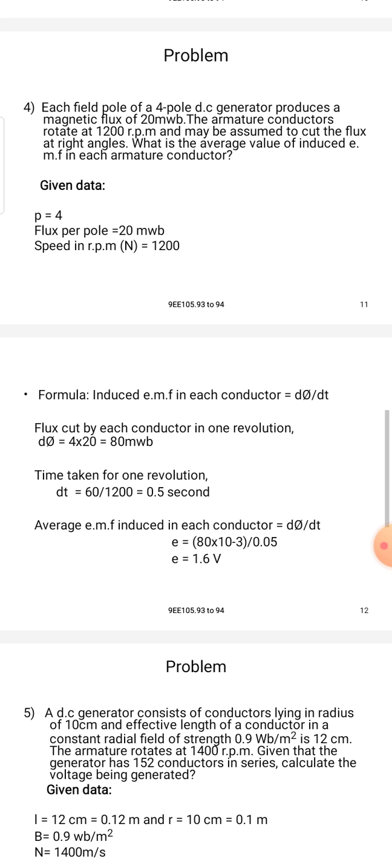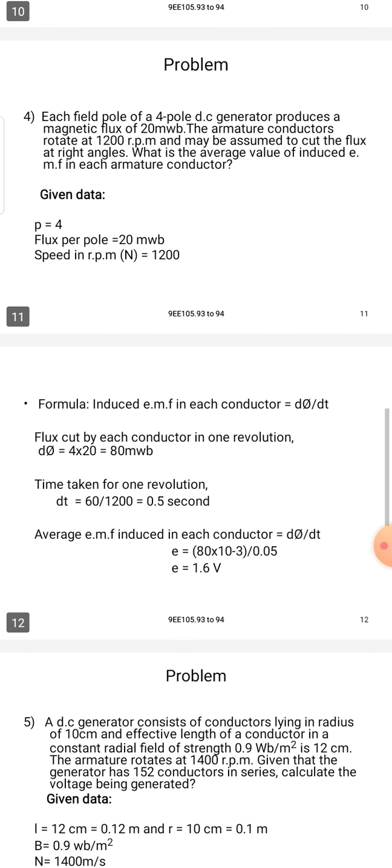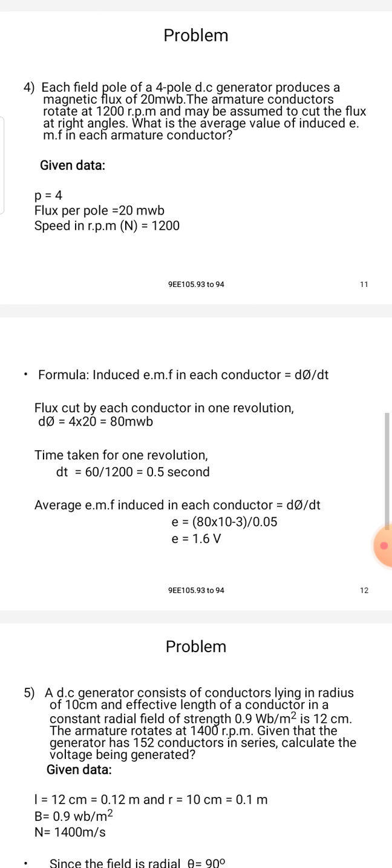Which induced EMF? Dynamically induced EMF in the armature. The dynamically induced EMF formula is E is equal to BLV sin theta. In the given problem, the number of poles of the DC generator is 4, the magnetic flux is 20 milliwebers, and the armature rotates at 1200 rpm.